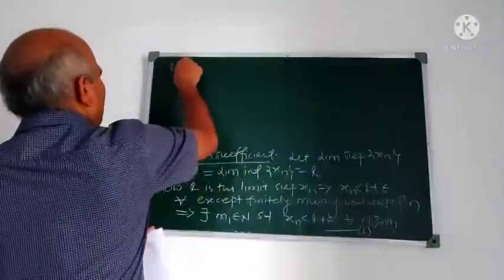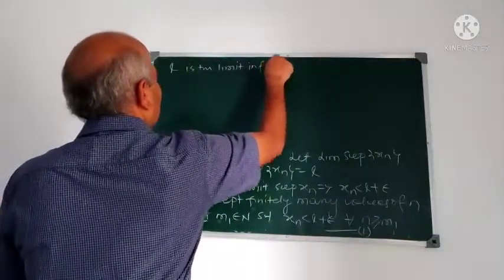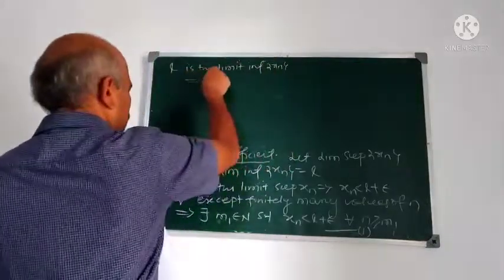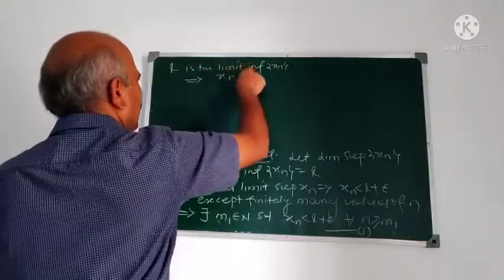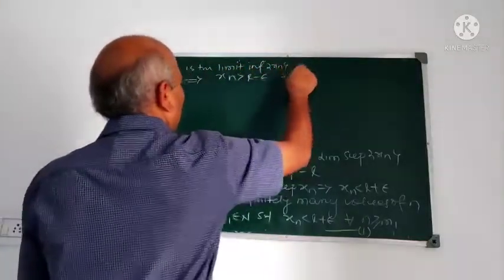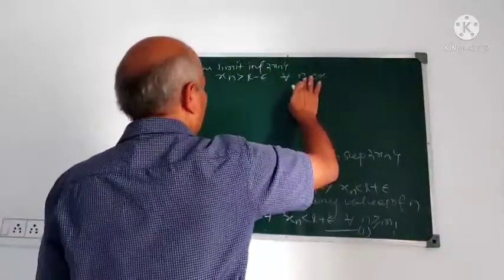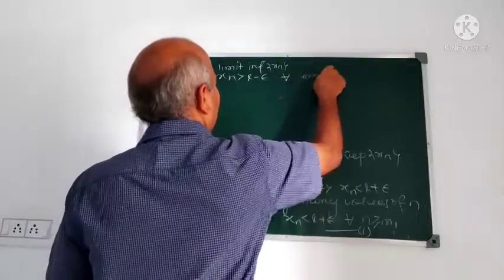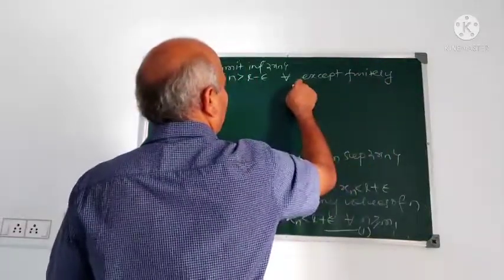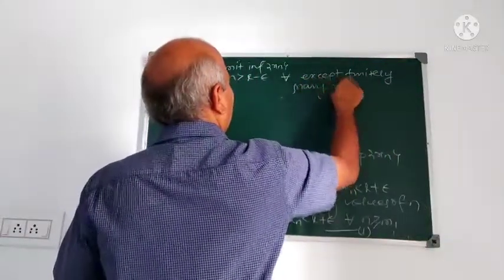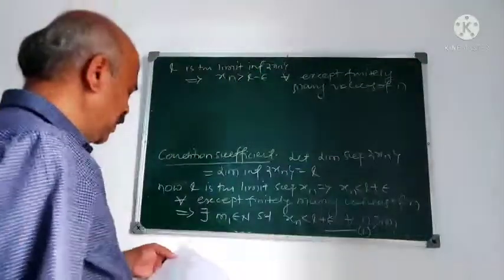Similarly, L is the limit inferior of xn implies xn is greater than L minus epsilon for all except finitely many values of n.